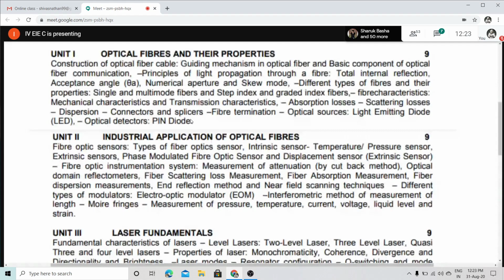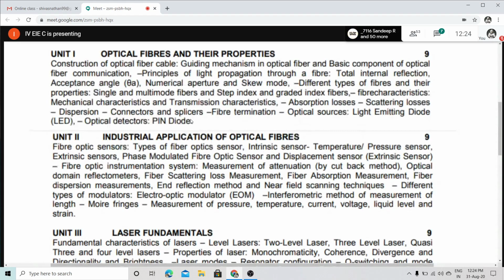Okay, clear? So make this clear. We are going to study about different types of modulators. Under that, the first one is going to be electro-optic modulator. Under that, interferometric method of measurement of length, and then by method of Moire fringes. So this completes your electro-optic modulator.